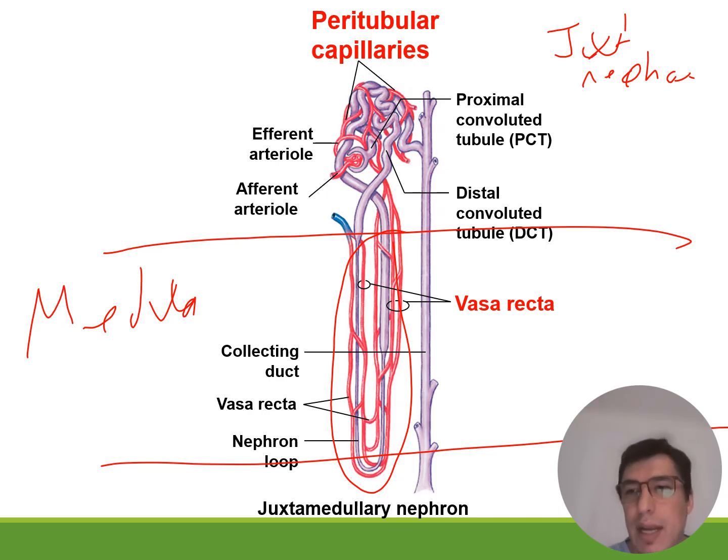This vasa recta picks up water and ions from the loop of Henle, allowing for that extra concentration. If you are filtering out materials through the tubules and you are taking water out of that filtrate, you're going to find that it is more and more concentrated.